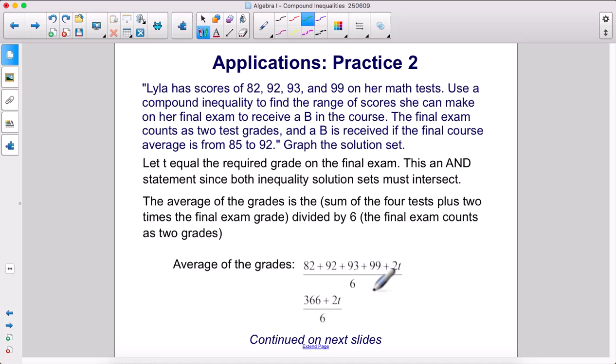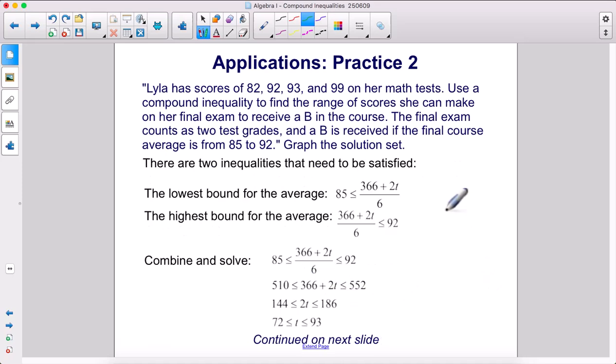So this is our equation for the average, 366 plus 2t over 6. There are 2 inequalities that need to be satisfied. We have the low bound for the average and the high bound for the average. So we need the average to be greater than or equal to 85 and less than or equal to 92. So we can combine and solve.